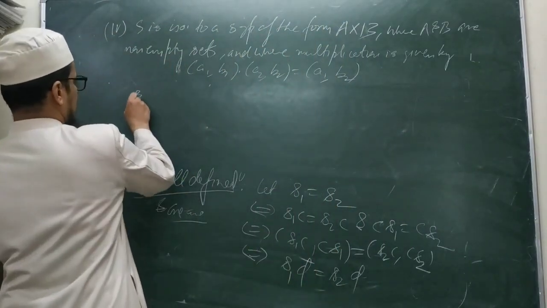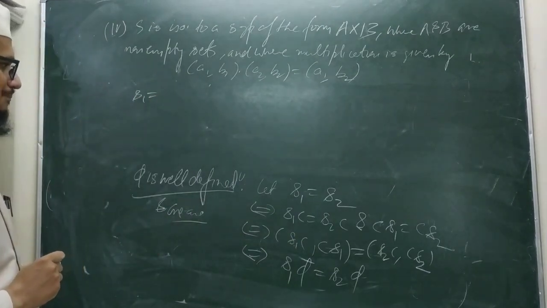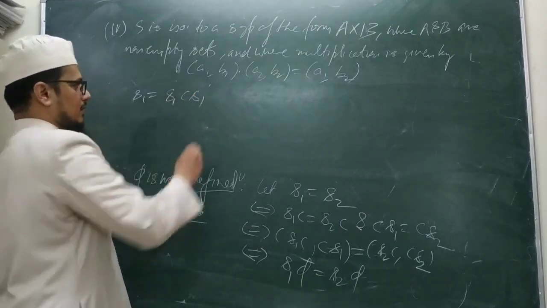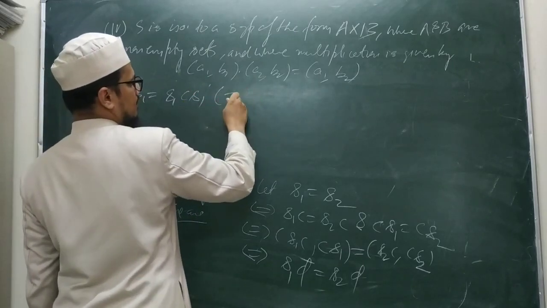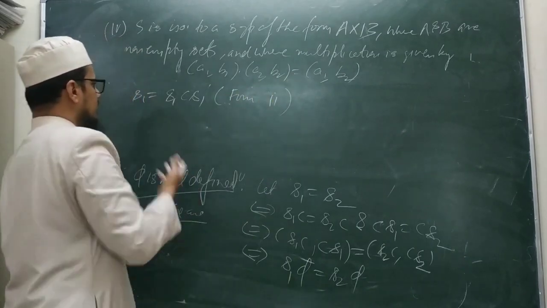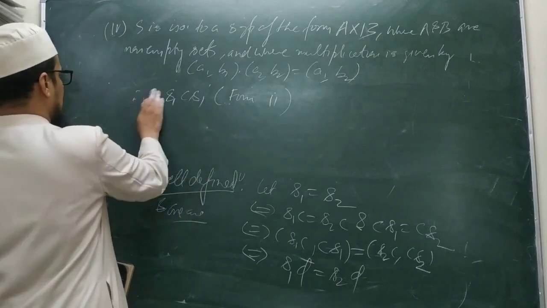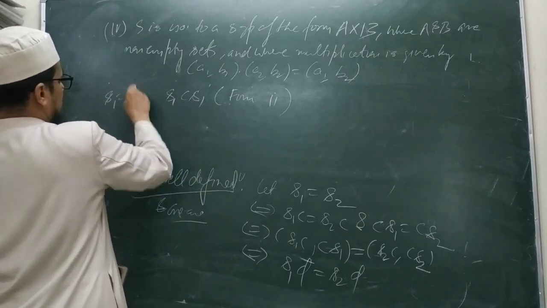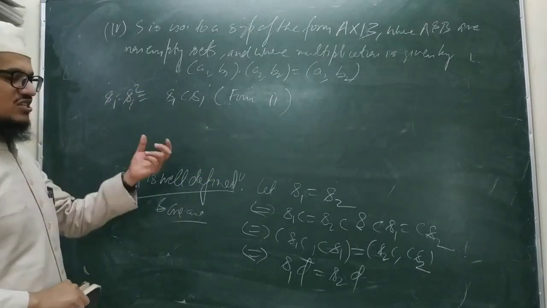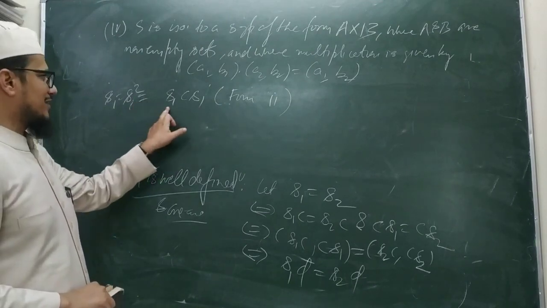See, S1 can be written as S1 CS1, since here you can just write from the second. S1 can be written as S1 square. Every element is idempotent, and ABC is equal to what? AC, isn't it? So here S1 square can be written as S1C S1.